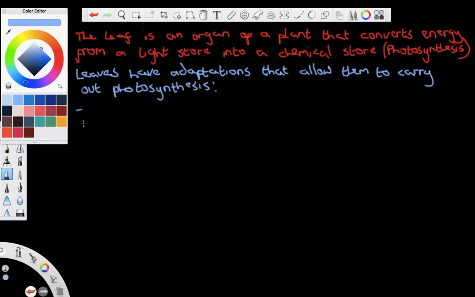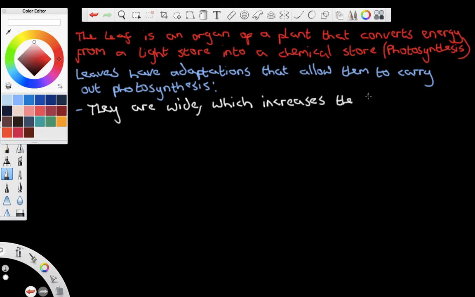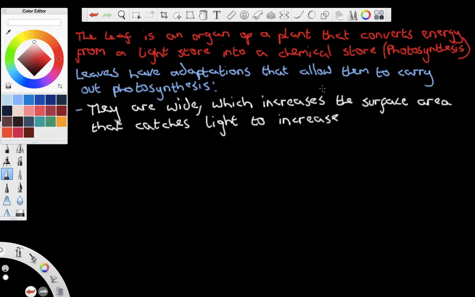So we can say that they are wide, which increases the surface area that catches light to increase the rate of photosynthesis.